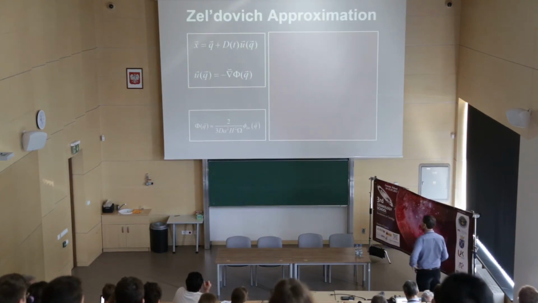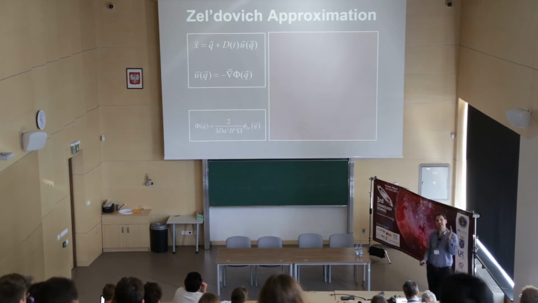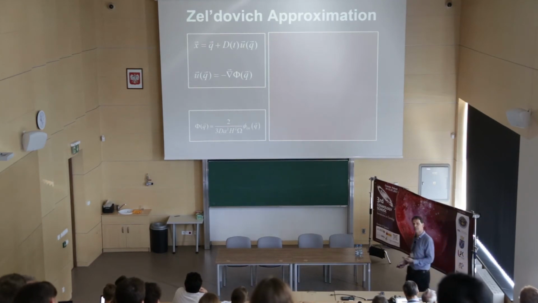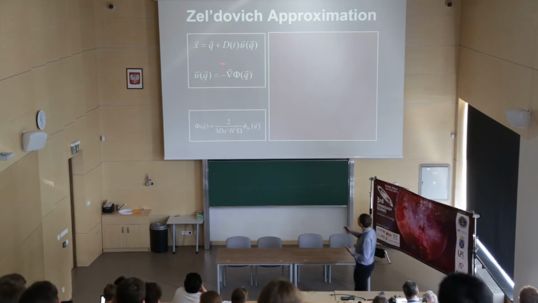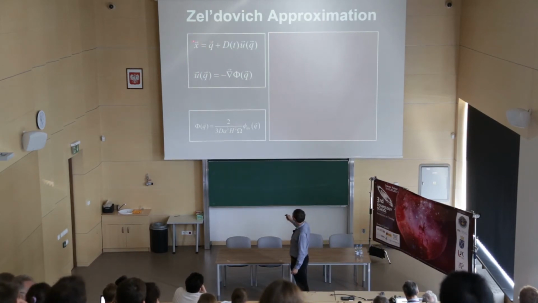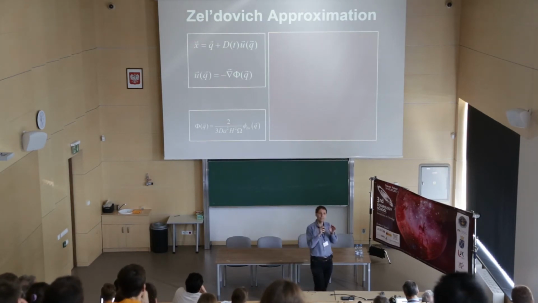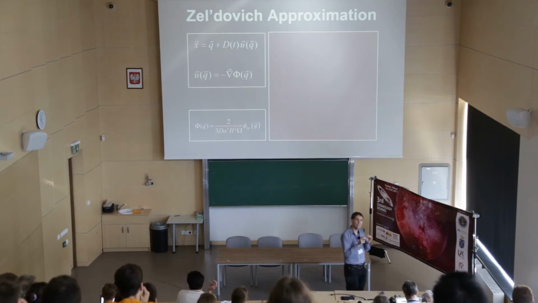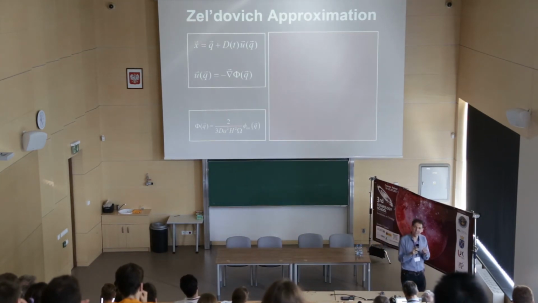So what he did is very simple, and it actually comes from hydrodynamics. I will be coming back to this very often. What you see here is looking at the mass distribution in a slightly different way.